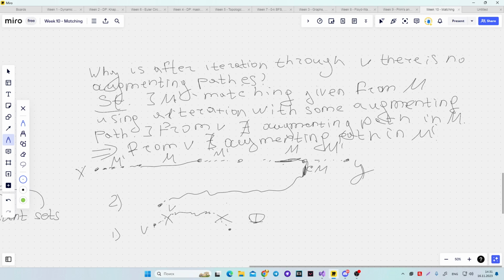That means this edge doesn't belong to M. If this edge doesn't belong to M, we can continue the augmenting path like this, or this, if this edge doesn't belong to M.